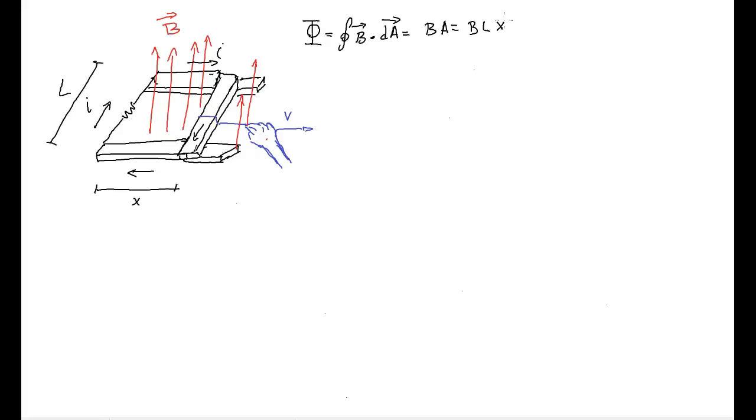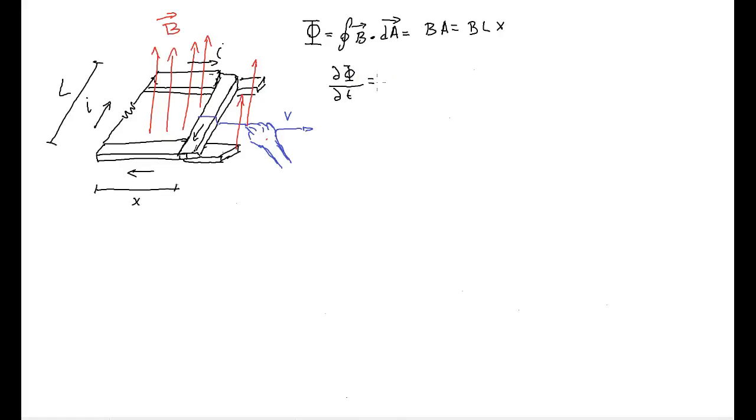Now, the important thing to do is be able to take the derivative of the magnetic flux. Is the magnetic field changing with time? No. Is L, the length of the bar, changing with time? No. Is X changing with time? Yes.